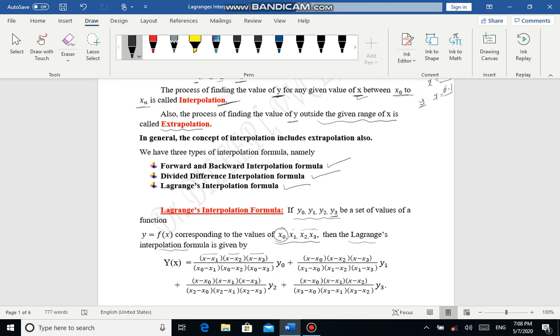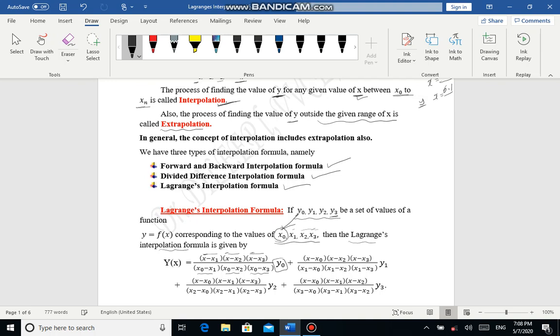Which one is the missing term? x0 is the missing term. So in the denominator, I'm going to replace this x by the missing term. So x0 minus x1, x0 minus x2, x0 minus x3. And when I consider x as x0, what is the corresponding value of y? When x is x0, y is y0. So I will multiply that y0 here. Plus, so this is your first term.